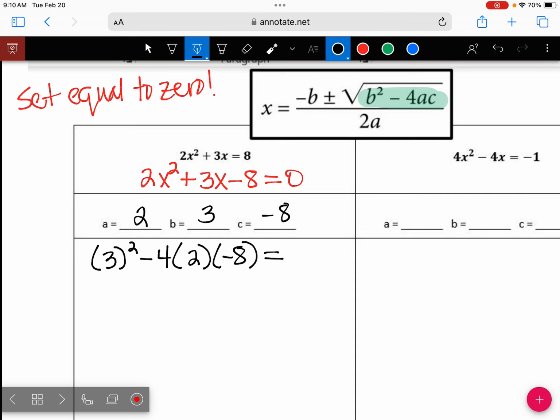What did y'all get? Who got 73? All right, so now what we need to do is figure out what the square root of 73 is.